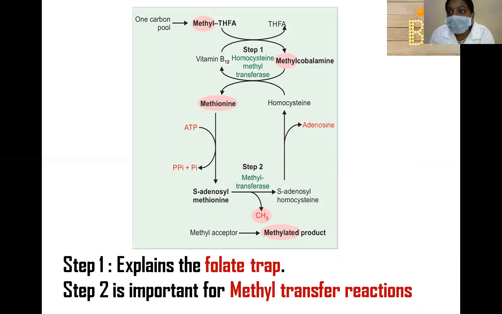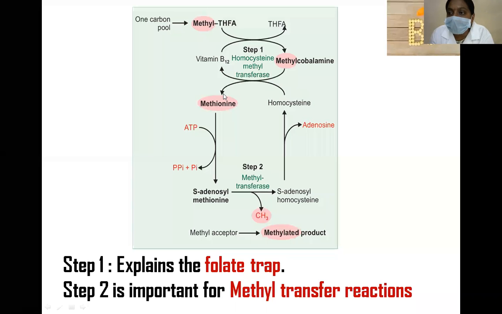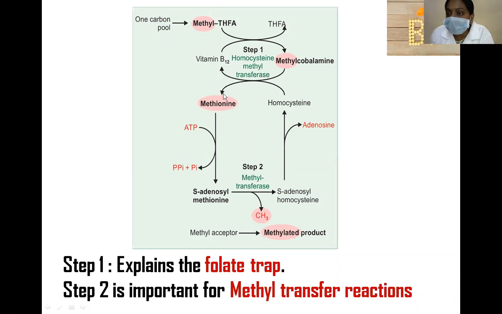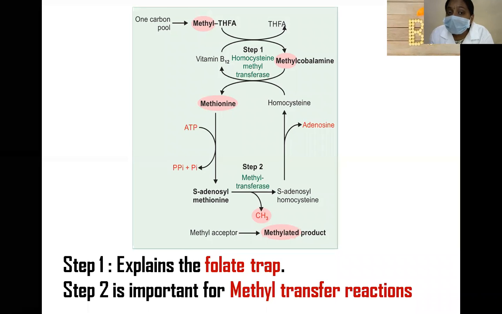It is freed and liberated into the circulation by homocysteine methyltransferase with the help of vitamin B12. Here homocysteine is converted into methionine. When there is a deficiency of vitamin B12, methyl tetrahydrofolic acid is blocked from conversion to tetrahydrofolic acid, leading to macrocytic anemia and neuropathies.